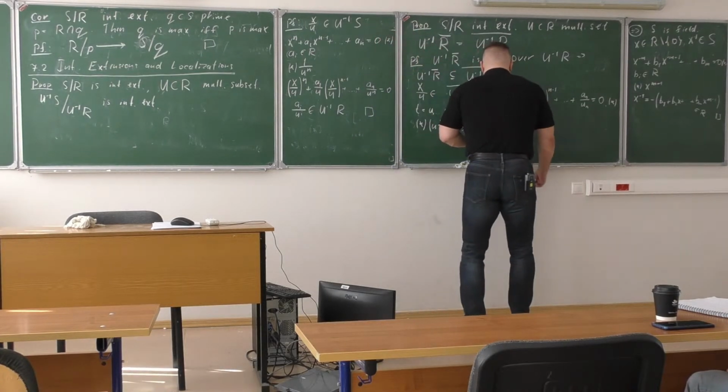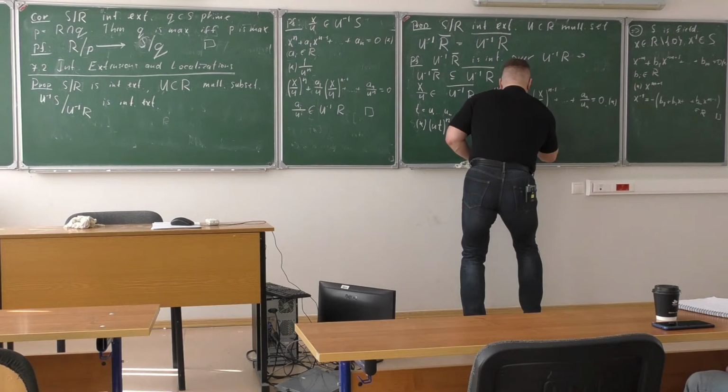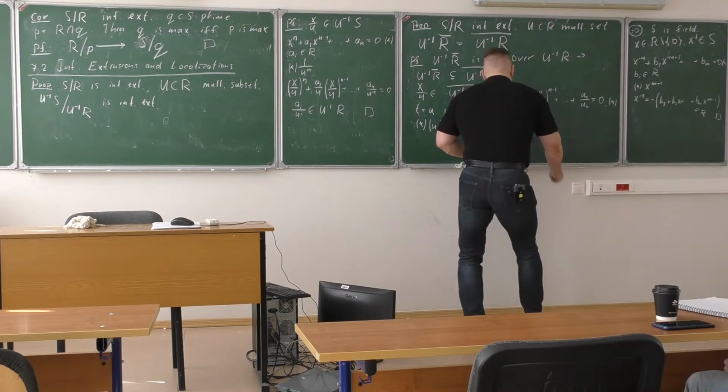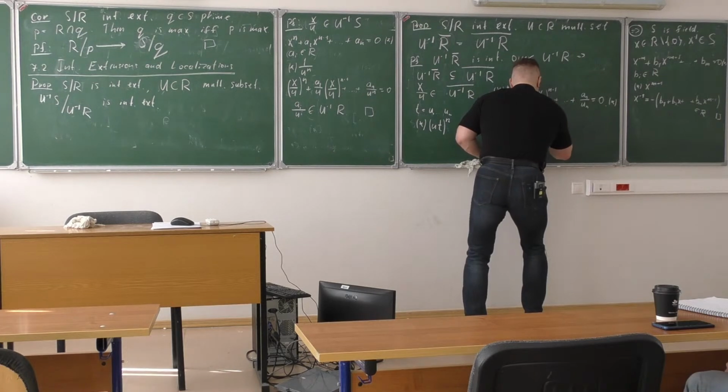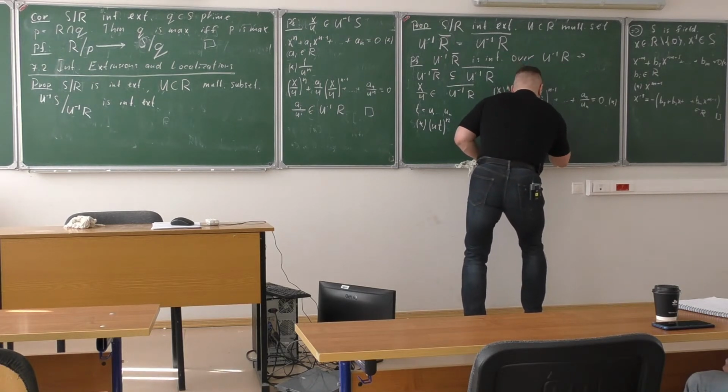So the last step is the following. You go back to the fraction x over u and just rewrite this fraction as xt over ut.